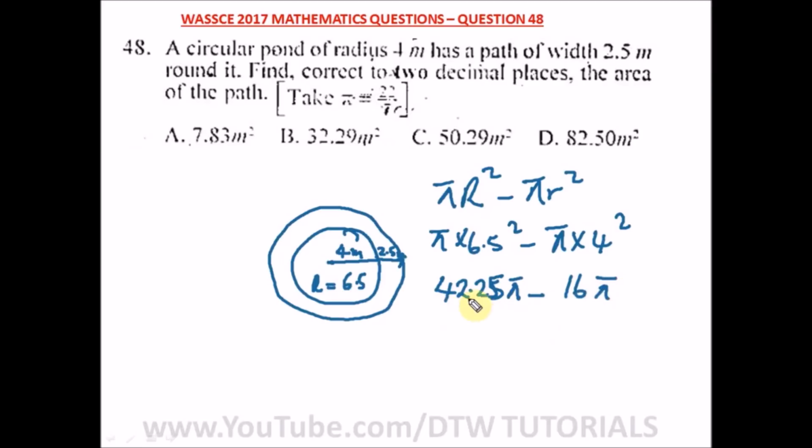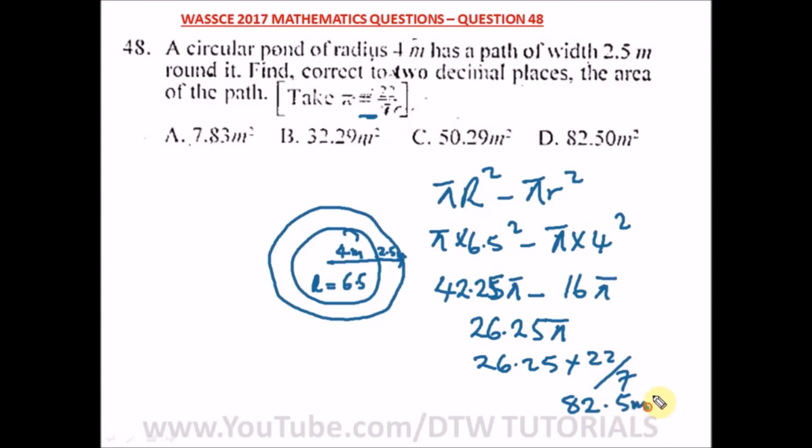And what will this give us? 26.25 pi. And what is pi for my equation? 22/7. So we have 26.25 times 22/7. Punch in your calculator and you're going to get 82.5 meter square. So this is our answer, and our right option is option D.